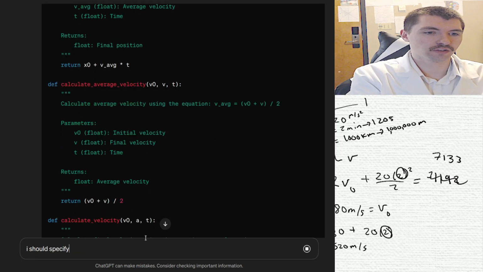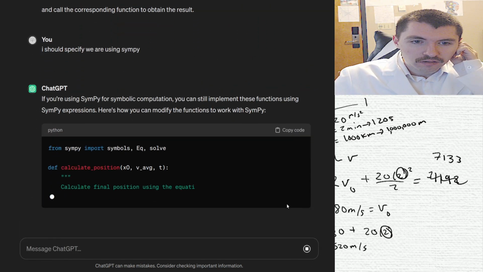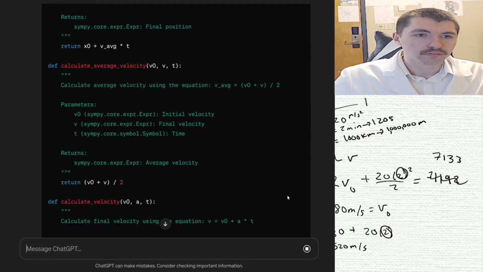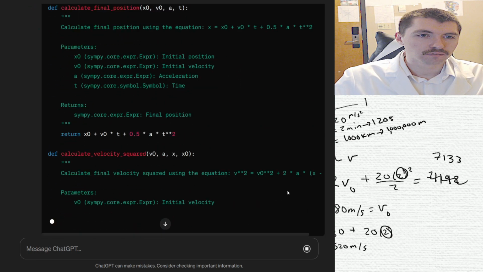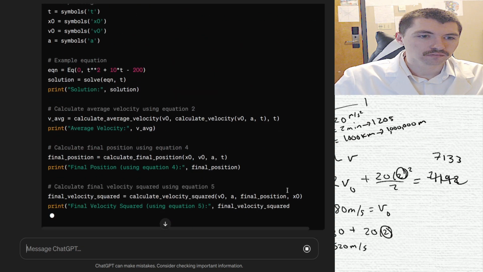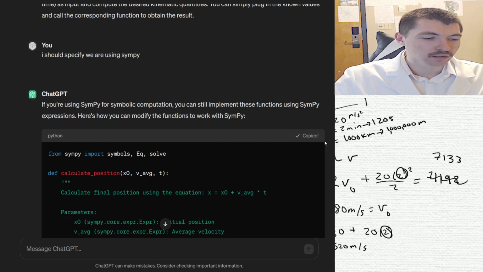Let's specify we are using SimPy. Okay, that's a lot of code.